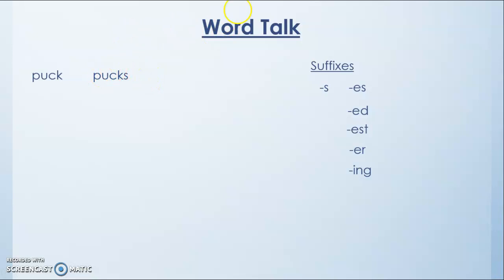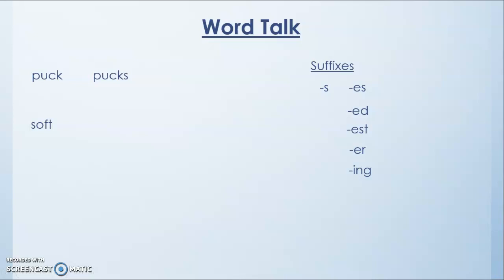Good. Now, when we add an S to a word, what is it doing to that word? It means that instead of having one puck, we have more than one puck. Doesn't matter if there's 2 or 4 billion, we'll just add an S, pucks.